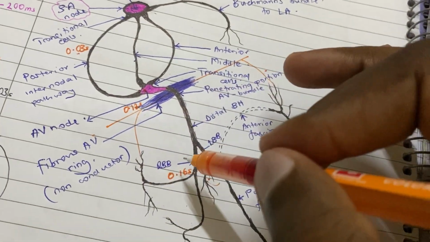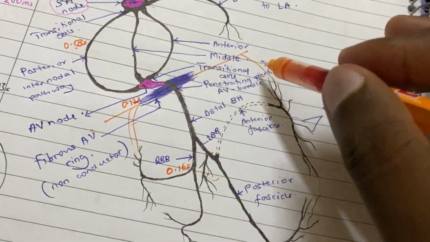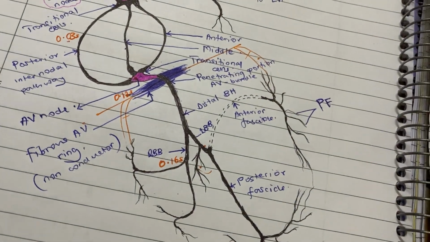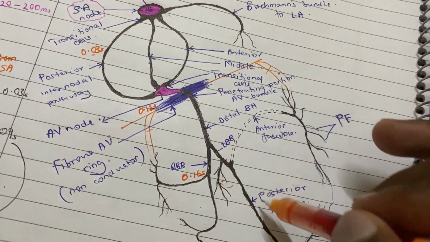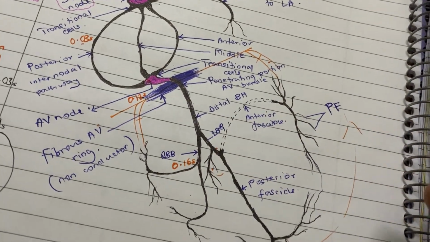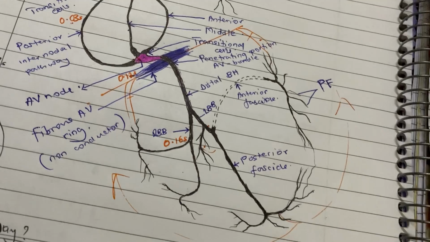So the basal parts are the ones that join the artery. Septum, free walls, and then the basal parts. The depolarization happens like this, in that direction, and then this direction.